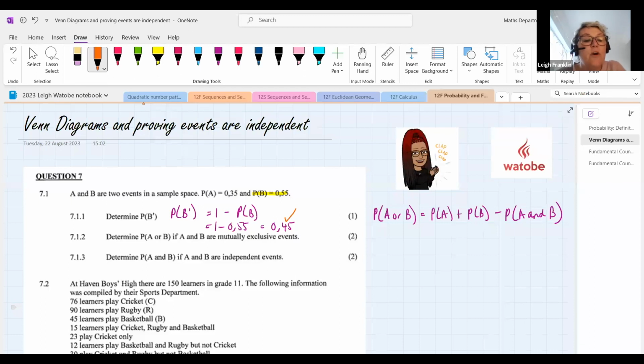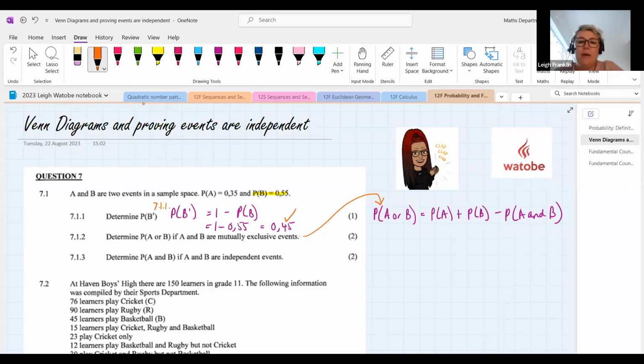In the case of the second question, they've asked us to determine the probability of A or B, but they've added an extra thing here. They said if A and B are mutually exclusive events. So if A and B are mutually exclusive events, how does that affect this formula? Can anybody recall from the start of our lesson last time we spoke about mutually exclusive events?